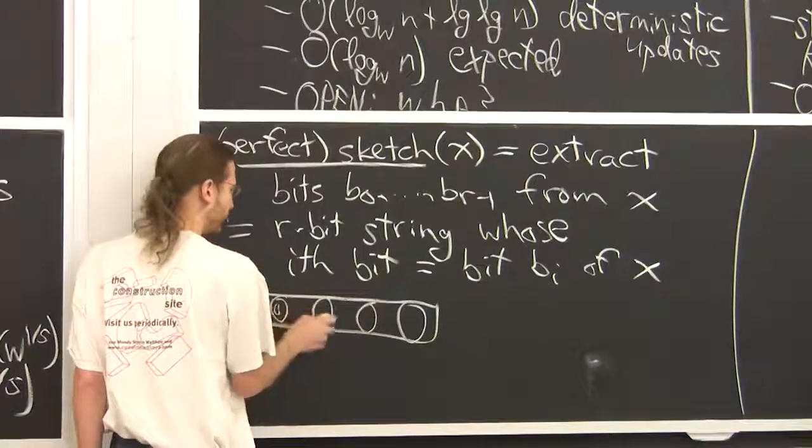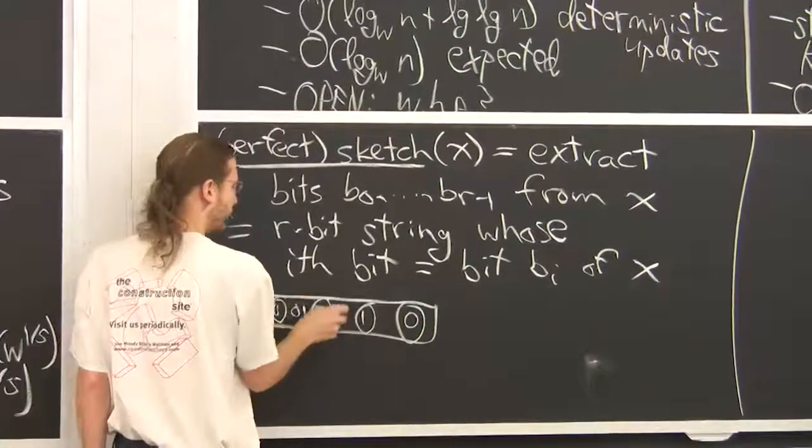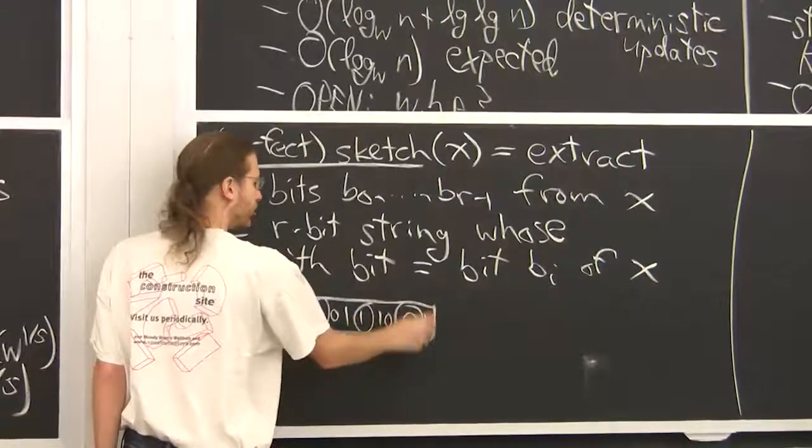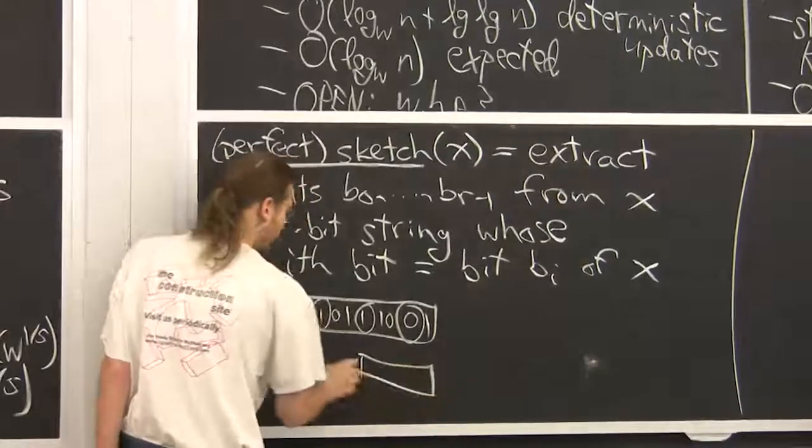Inside here is either a 0 or a 1. And there's other bits which we don't care about because they're not important. And we just compress this to a 4-bit string.